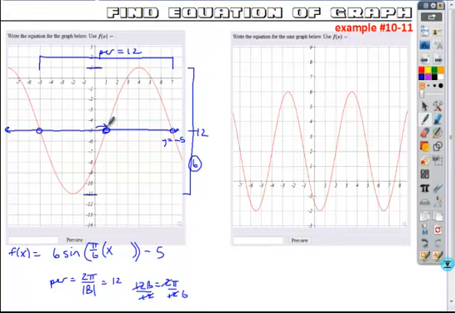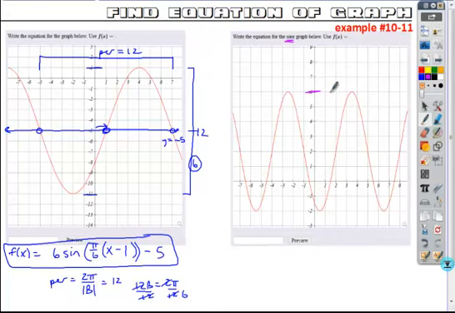It shifted 1 unit to the right. So how would I represent that inside here? -1. Okay, and so this would be a potential equation that represents this graph. They want you to write the equation in terms of sine. So this one specifically tells you what to write it in.